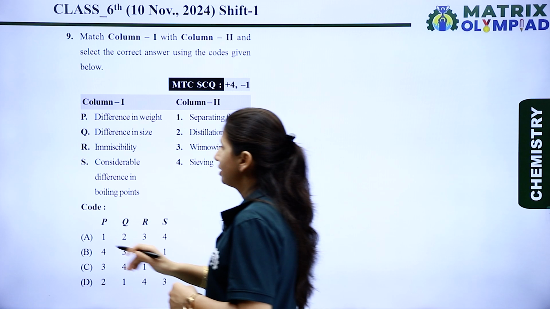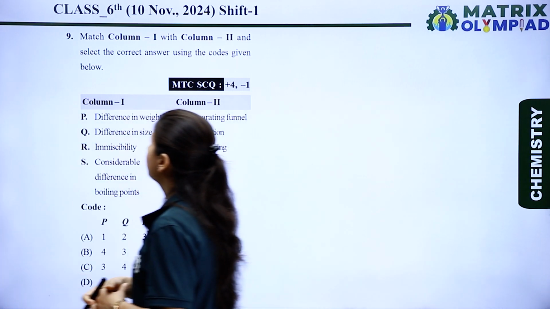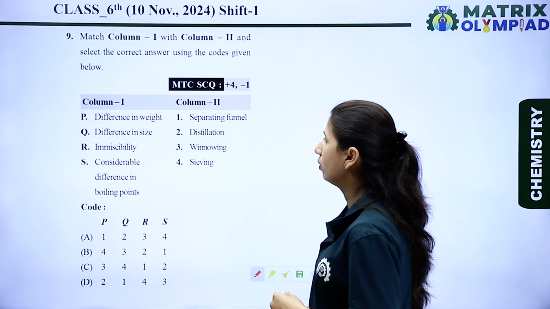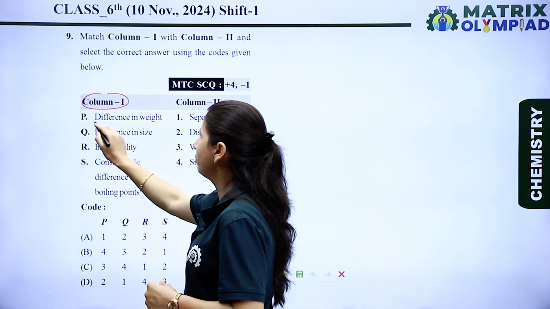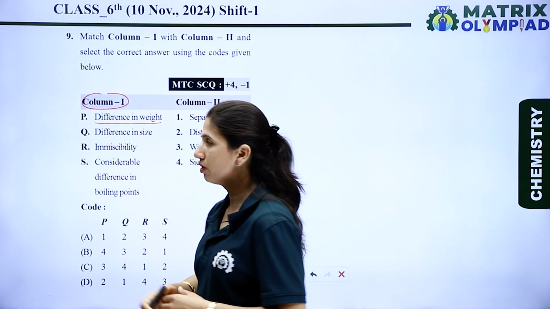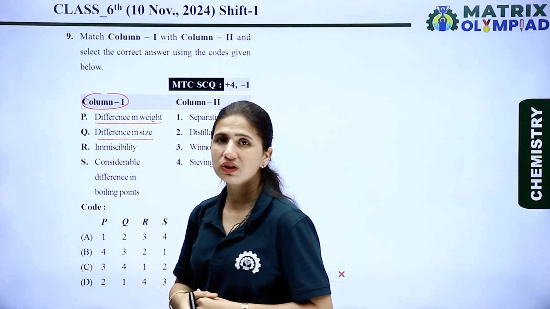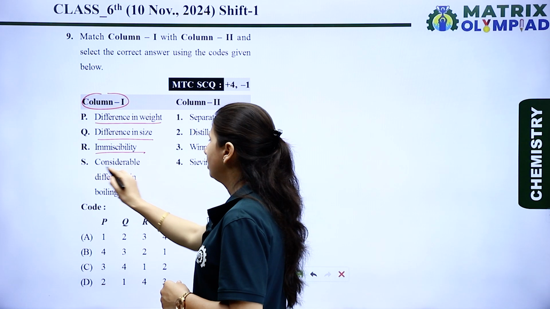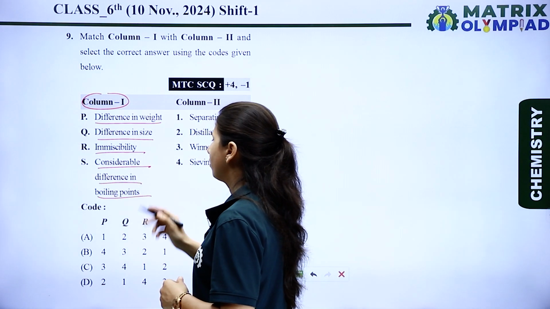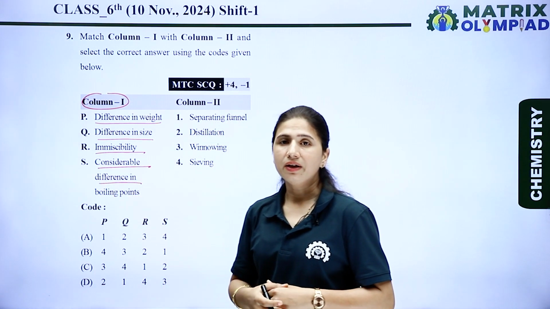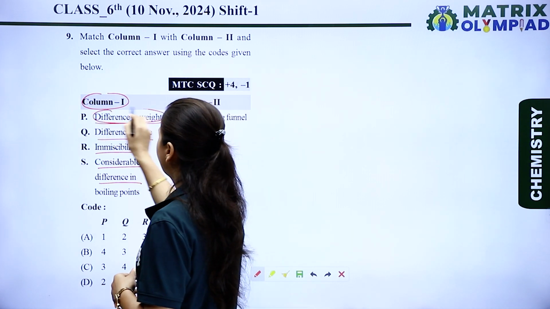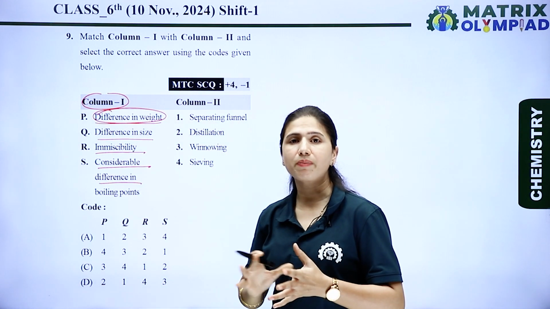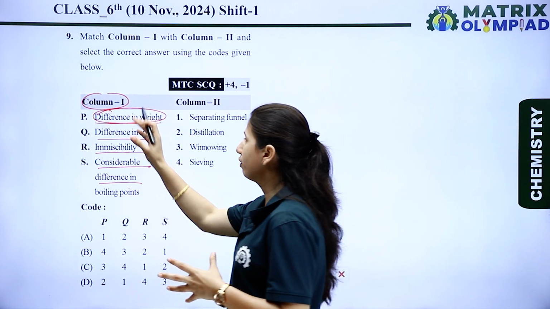The next question is, match column first with column second and select the correct answer using the codes given below. In column first, P is difference in weight, Q is difference in size, R is immiscibility, and S is considerable difference in boiling points. When the particles have different weight, they can be separated by the process of winnowing, like we can separate husk and grain by winnowing.